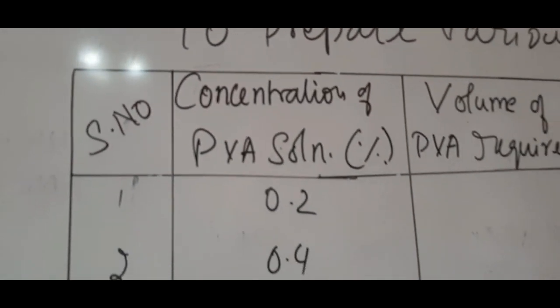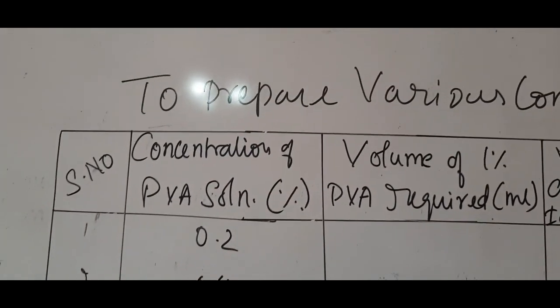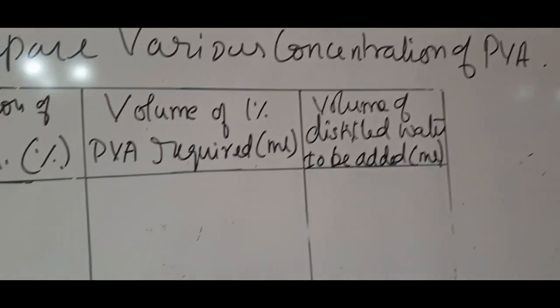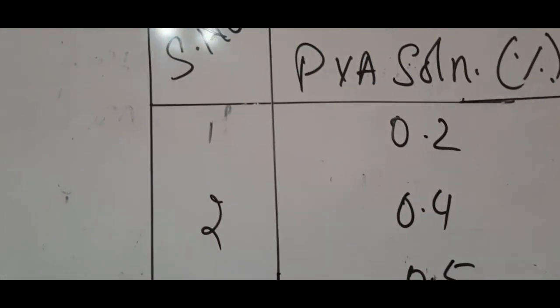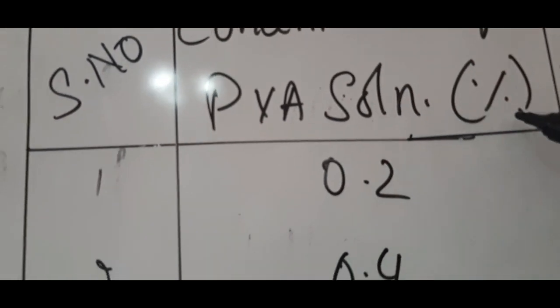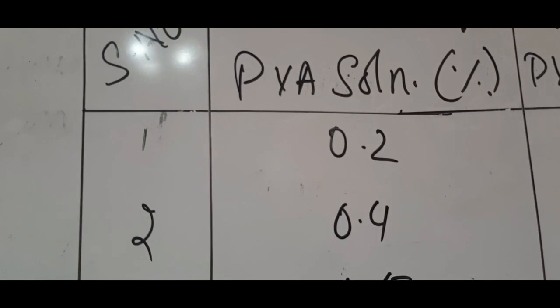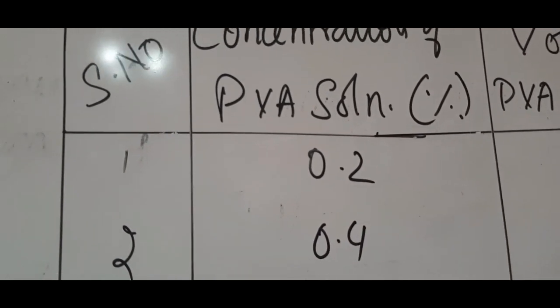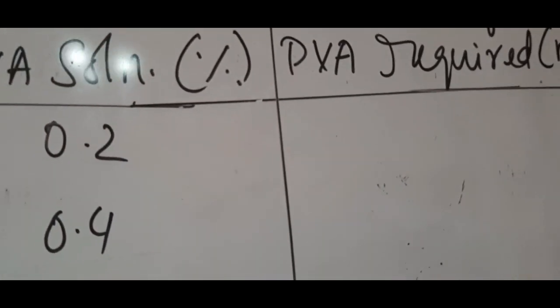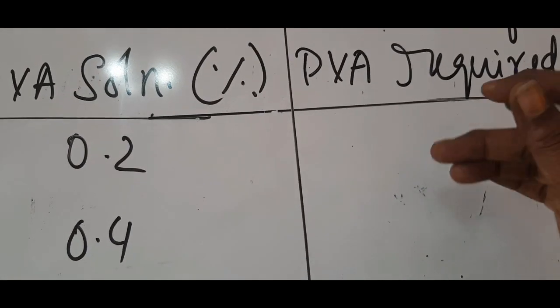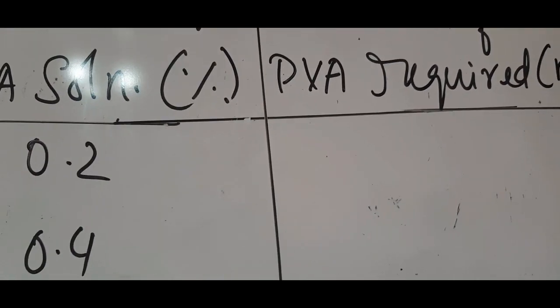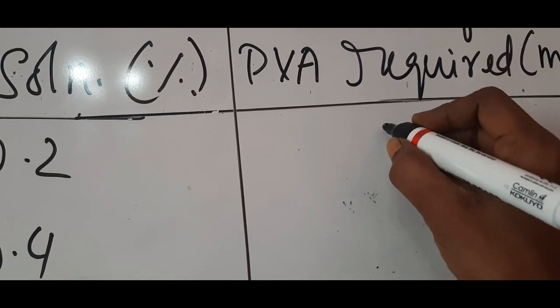This is the table which will give you the details to prepare various concentrations of polyvinyl alcohol. For a concentration of PVA solution of 0.2, we have to take either 20 ml and make it up to 100 ml, or let us take 2 ml now.